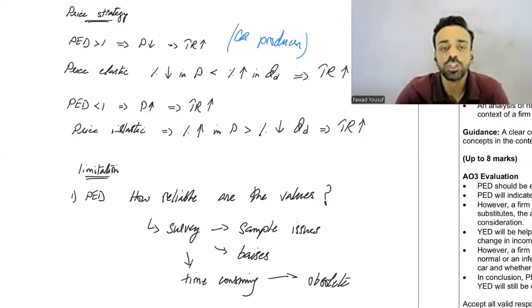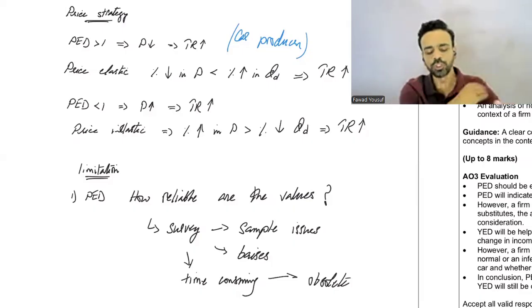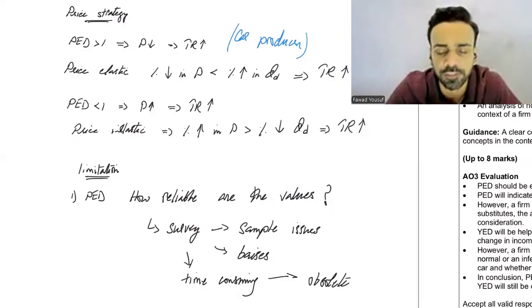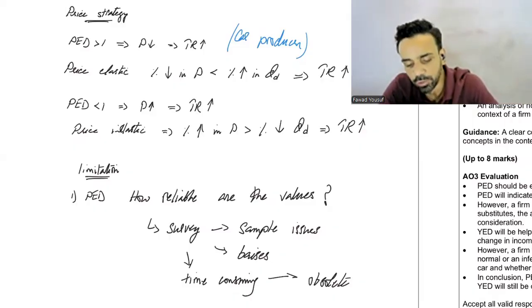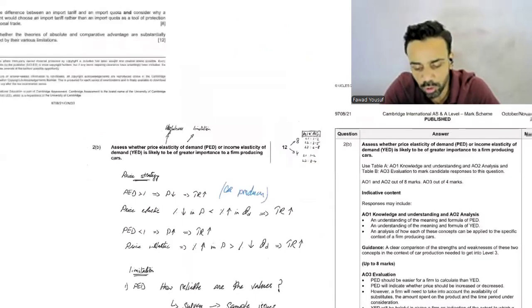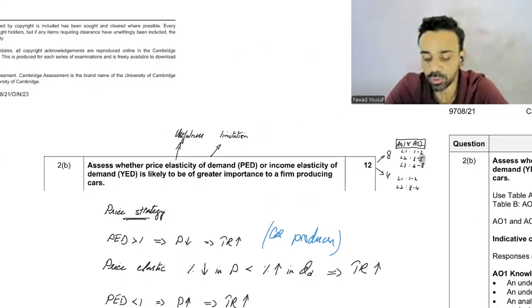Okay, how much can you rely on the PED value? Because there are problems with it, right? So if you write a small paragraph on this, it brings your answer to almost a mid. I would give you a mid, or almost 5, here in level 2.